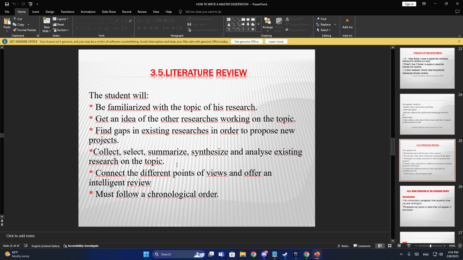The more you read, the more the gaps or questions or issues rise. So what are the benefits of the literature review? And of course the literature review is going to help.